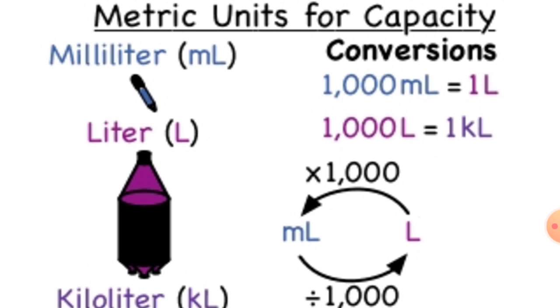Now when you look at the arrow coming from liter, from the right-hand side going towards the left-hand side, which is your milliliter, at the top is written times 1,000. That means when you want to convert liter to milliliters, you simply multiply by 1,000, no matter the figure.